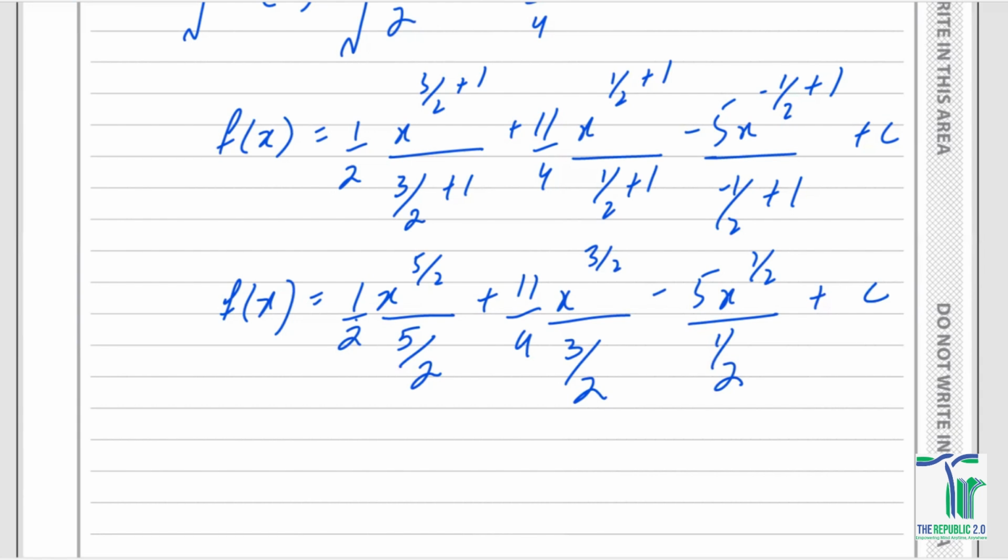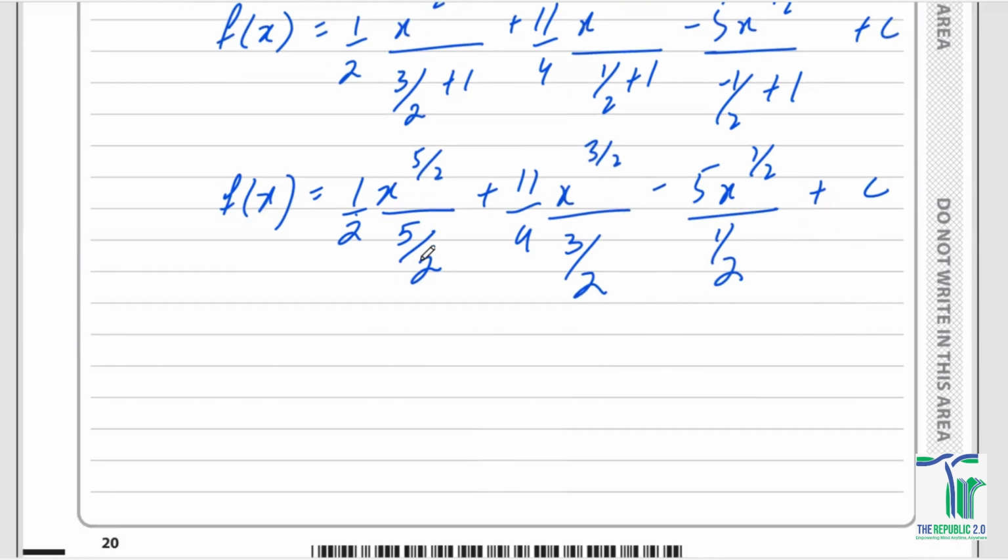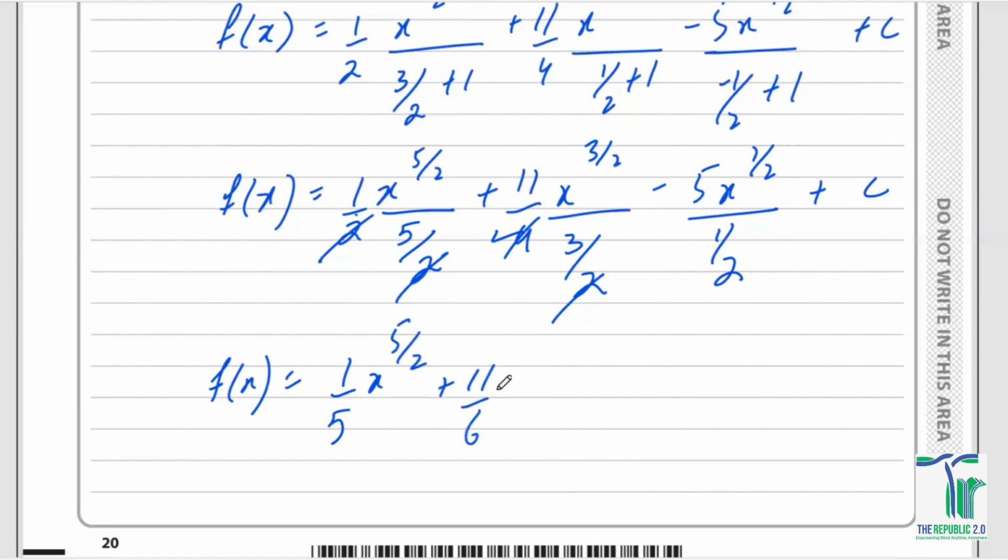And now you can cancel out this 2 with this 2, and this 2 times 5 would be 10. So I would be having f of x is equal to 1 by 5 x to the power of 5 by 2, plus 11 by 6 x to the power of 3 by 2, minus 10 x to the power of 1 by 2, plus c.